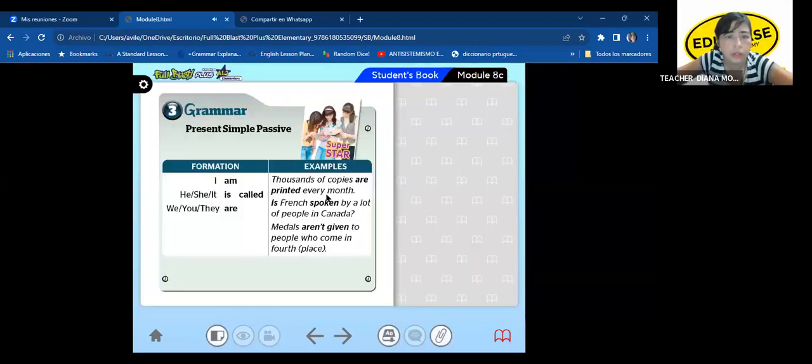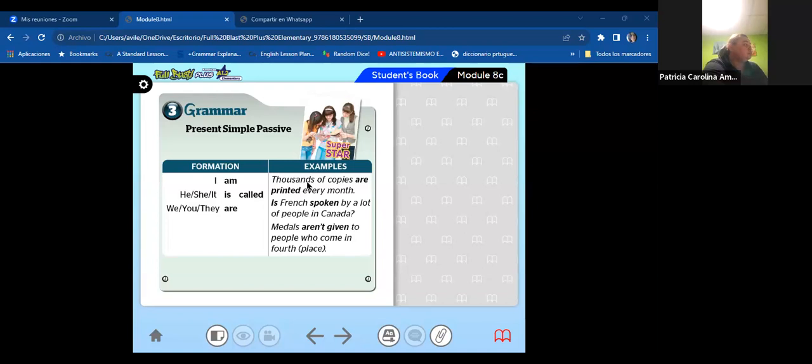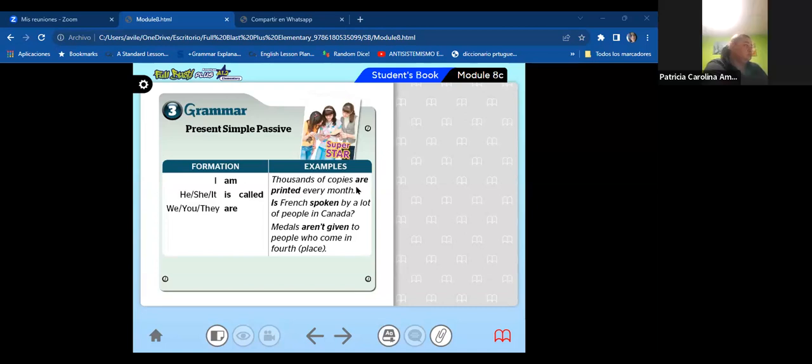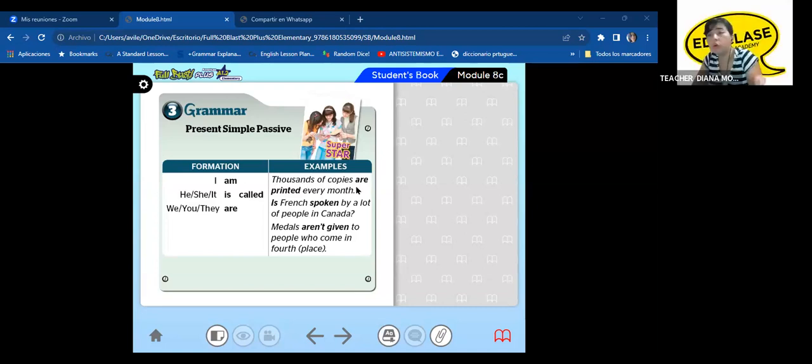Okay, look, more examples. We have here: thousands of copies are printed every month. You see? Thousands of copies are printed every month. Who does the action? We don't know, right?